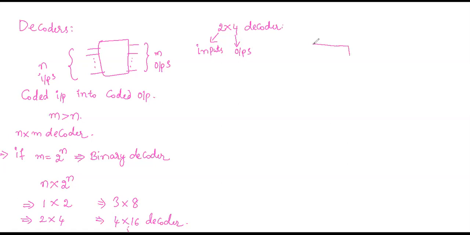The decoder circuit has two inputs, which I am naming A, B, and four outputs, D3, D2, D1, D0.